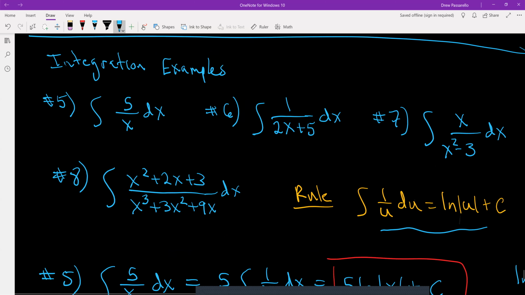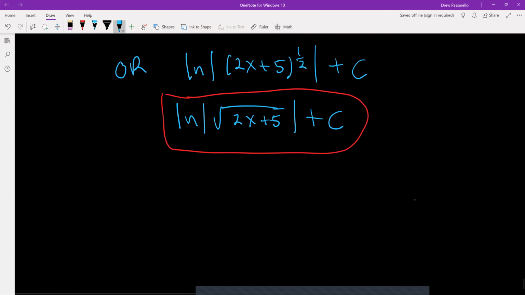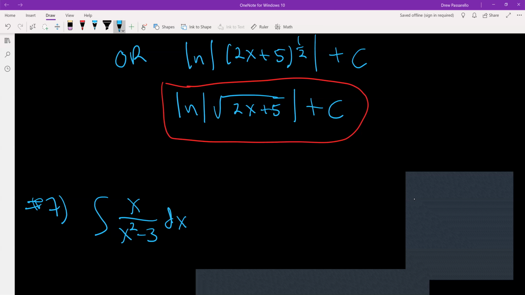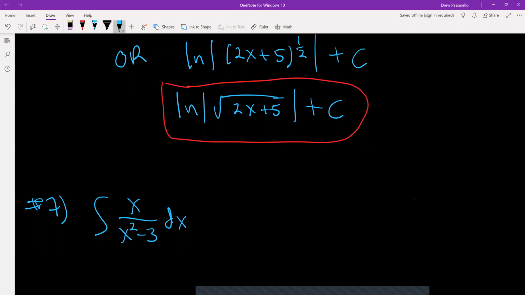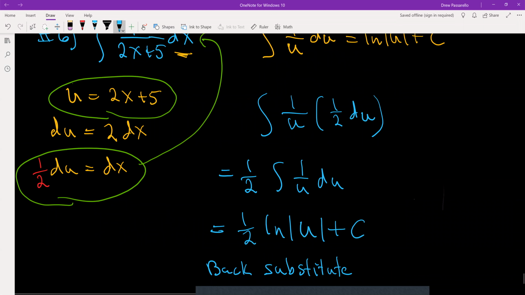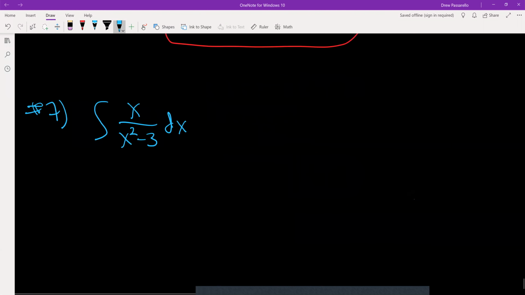And then number 7 is x over x squared minus 3. All right, so for this one, the common pattern here is I've been letting u be what's in the denominator, so that's what I'm going to do here.